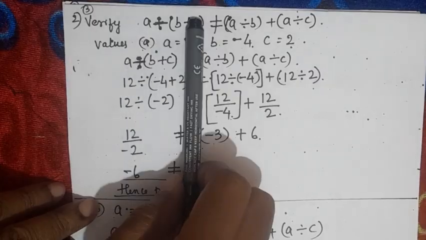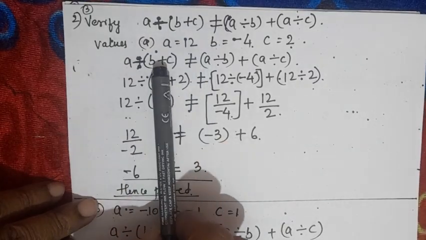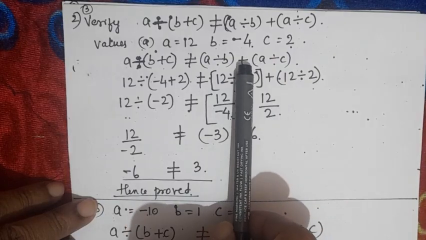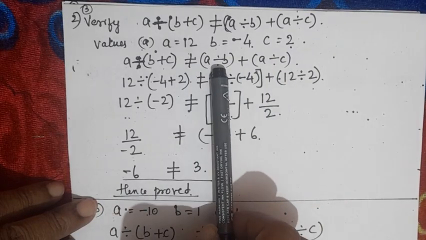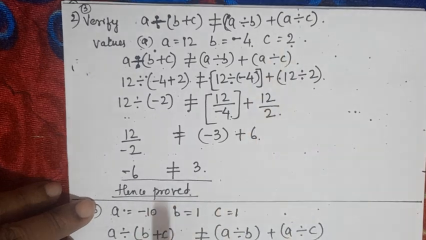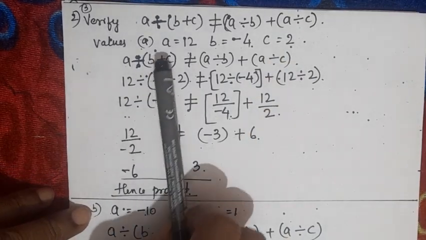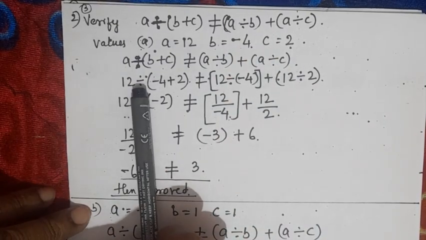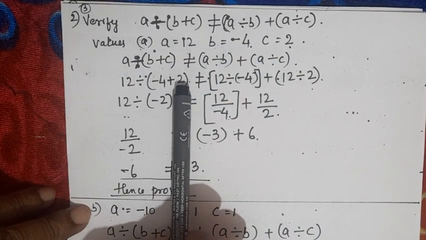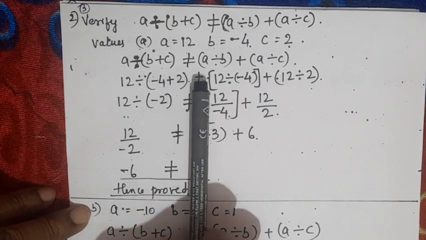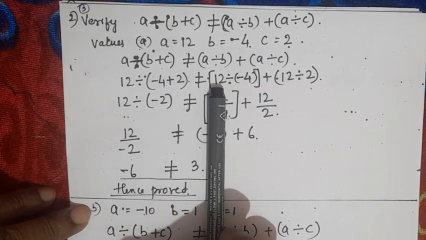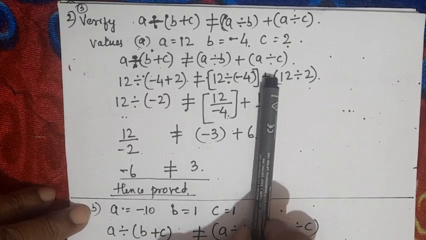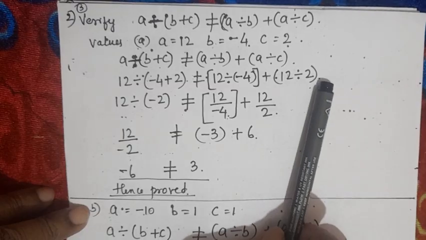Now write the equation same as it is. A divided by (B plus C) is not equal to A divided by B plus A divided by C. Now put the values of A, B and C respectively. A is equal to 12, B is equal to minus 4, C is equal to 2. So 12 divided by (minus 4 plus 2) is not equal to (12 divided by minus 4) plus (12 divided by 2).